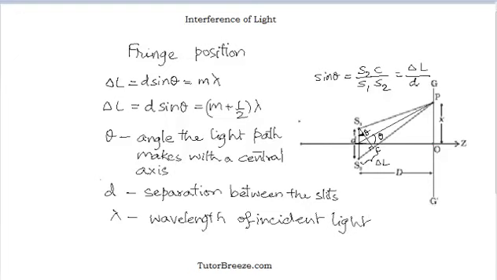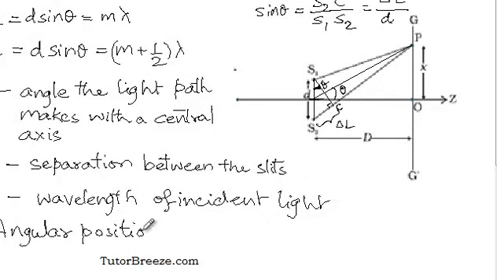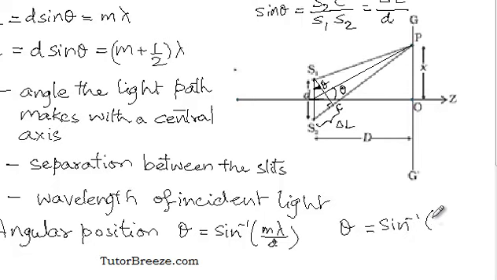Now we can write the corresponding angular position of the bright fringes. So the angular position of the bright fringes can be written as theta equals sine inverse of m lambda over d, and the angular position of the dark fringes would be theta equals sine inverse of m plus half lambda over d.